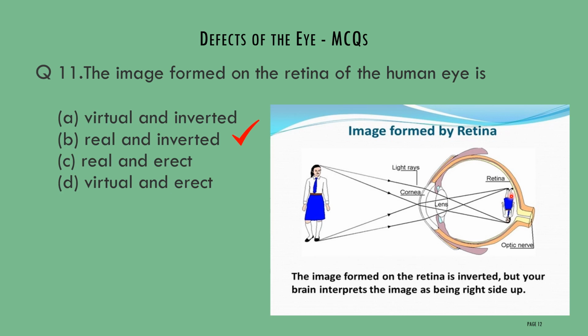Whenever the image forms on the retina, this image in the form of signals reaches the brain. Then your brain interprets the image as being right side up, the exact picture of the girl. Even though it is inverted, your brain interprets the correct image of the girl.